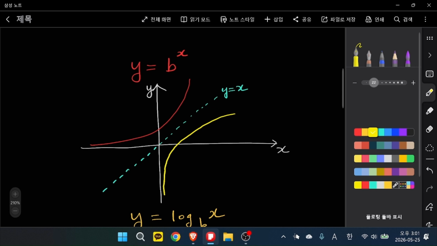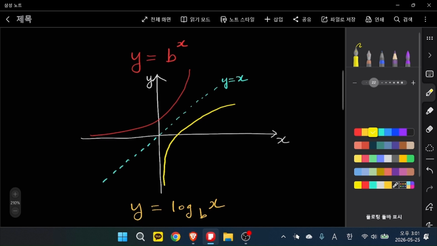The reflected graph becomes y equals log base b of x. So logarithmic functions are reflections of exponential functions across the line y equals x.